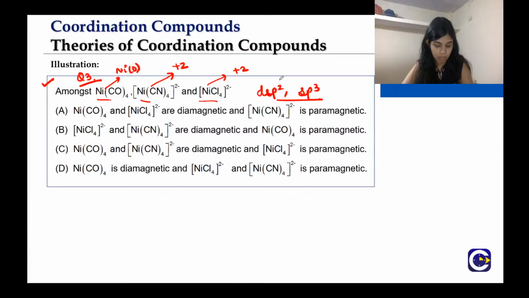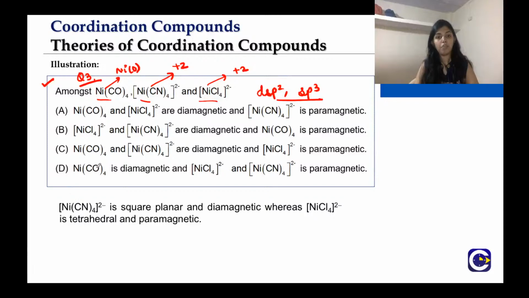Okay, Siddharth is saying option C. And Sham is saying that nickel cyanide 4 is diamagnetic. Okay, so let's find out.